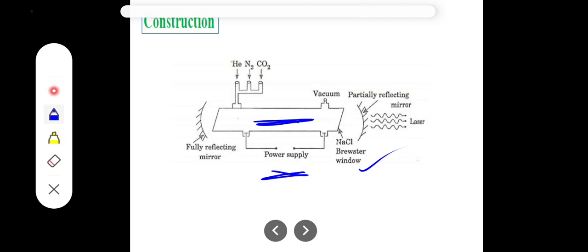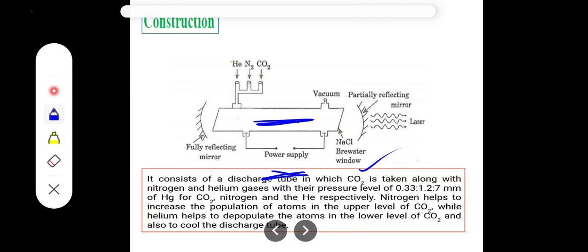The laser light is emitted only through the partially reflecting mirror. This diagram explains the construction and working principle of a CO2 laser. Population inversion is achieved, and the laser beams are produced.